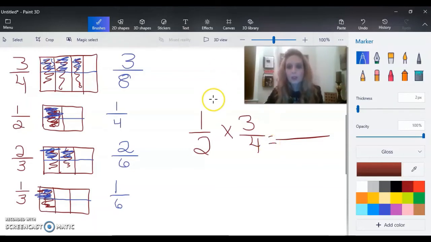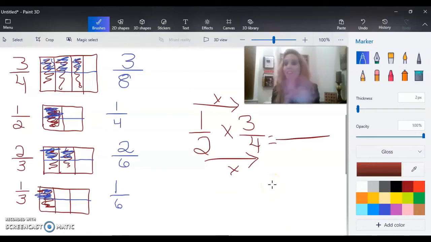All we have to do is multiply straight across the numerators and straight across the denominators. And that's it. Okay, easy peasy. So this would look like 1 times 3 over 2 times 4.